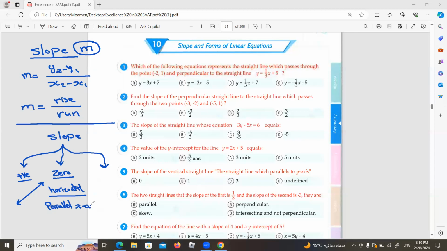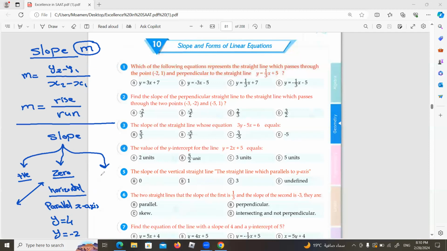So a line parallel to the x-axis has a zero slope, and the line will be y equals a number, for example y equals 4. So the line is parallel to the x-axis and intersects the y-axis at, for example, y equals -2.